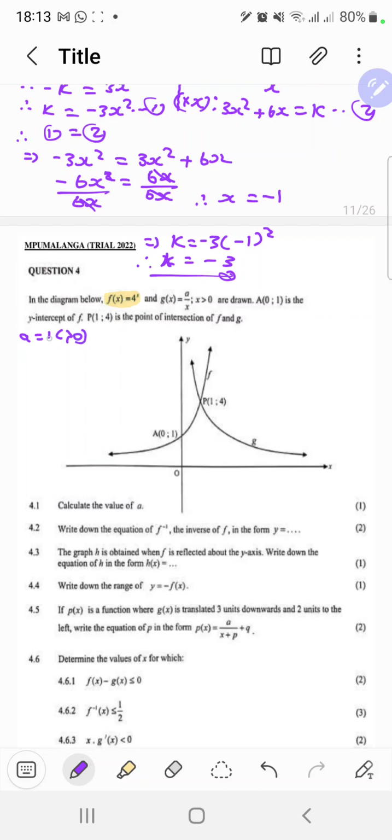So a is greater than 0. So that means if a is greater than 0, our graph is going to appear above the horizontal asymptote. And usually when it is not shifted like this, the horizontal asymptote is the x-axis. So we want to see this graph above the x-axis.